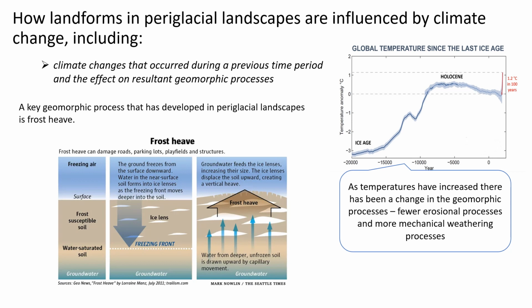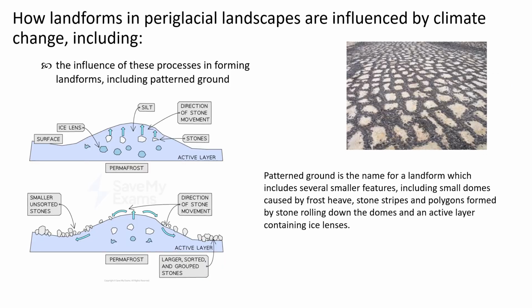So this is a geomorphic process that we have in our periglacial landscapes, but they're very susceptible to temperatures. We might find that as climate change progresses into the future and temperatures increase, we have less frost heave, that those ice lenses perhaps start to melt, and the features associated with frost heave, like pattern ground, become less distinctive because those warmer temperatures have reduced the ice lenses.